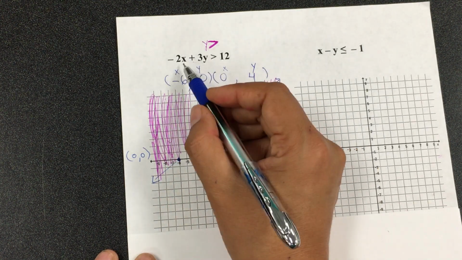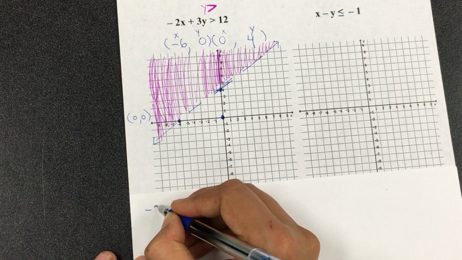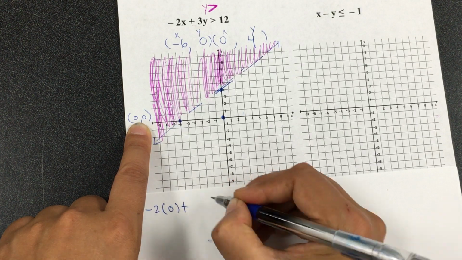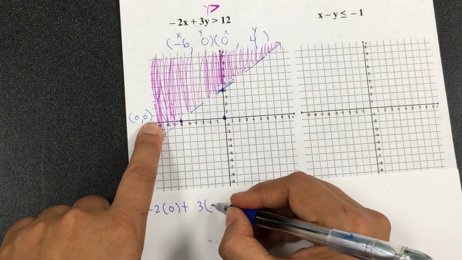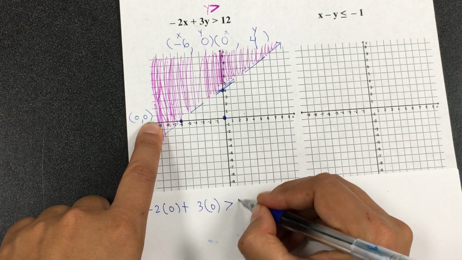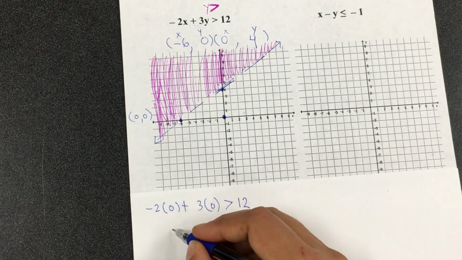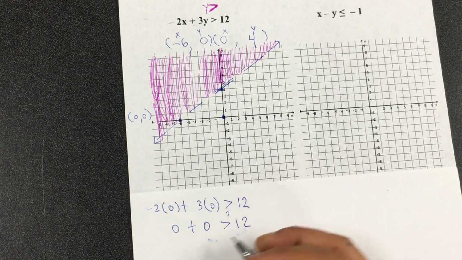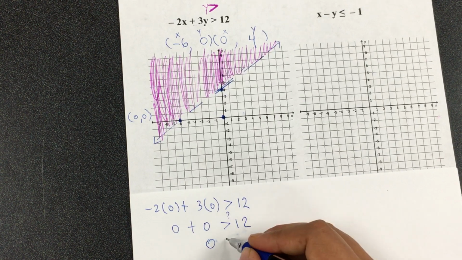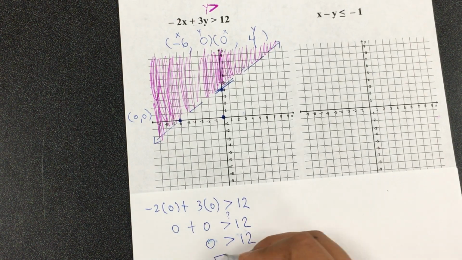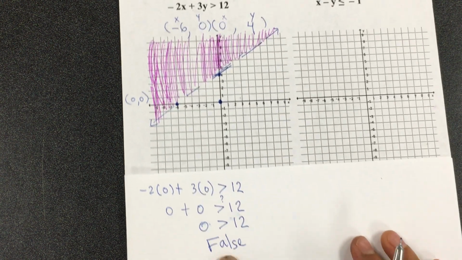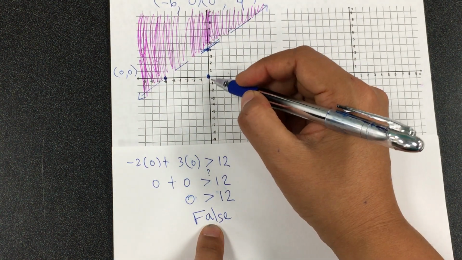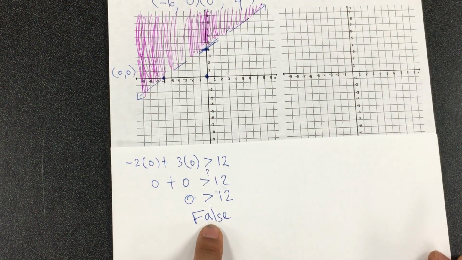So let's check it. -2 times 0 plus 3 times 0 is greater than 12. -2 times 0 is 0 plus 3 times 0 is 0. Is 0 plus 0 greater than 12? False. That means that our solution is correct because this is not shaded and it's not on the shade.